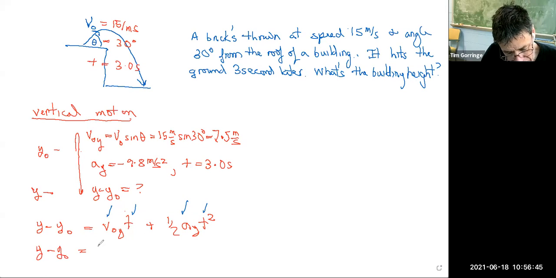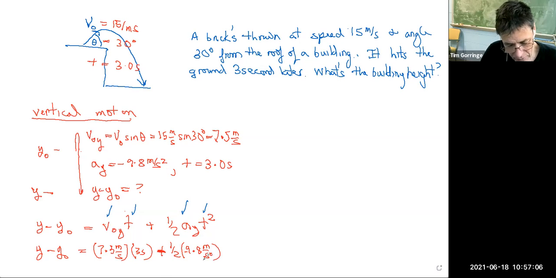Initial velocity in the vertical direction, 7.5 meters per second. Elapsed time, 3 seconds. Acceleration due to gravity, minus 9.8 meters per second squared. And elapsed time, 3 seconds squared.